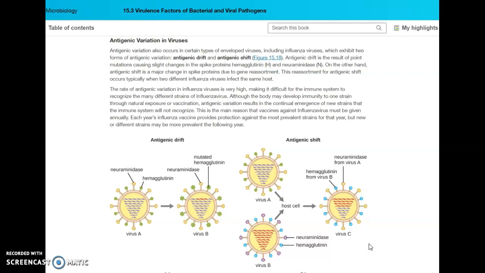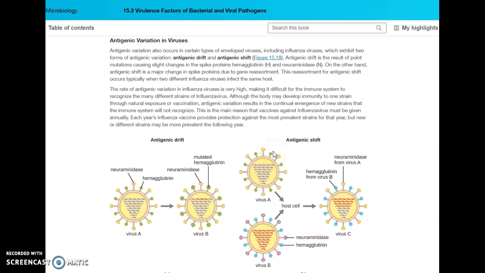So when you hear on the news or read on the CDC website about these flu viruses, you'll see them as H3N2 or H5N2 or H1N1 or whatever. And what those are referring to are the particular types of hemagglutinin and neuraminidase spike proteins.